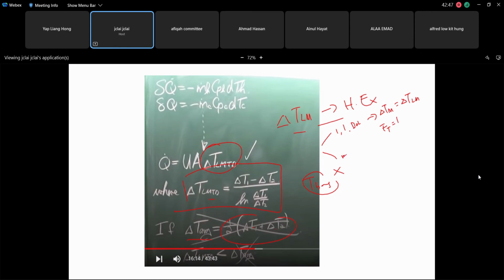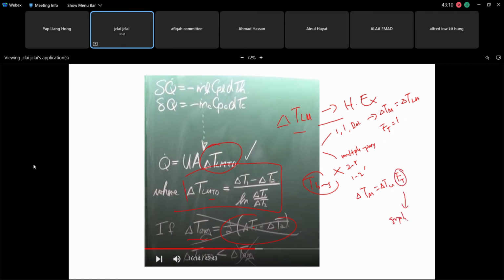But for multiple pass heat exchangers, for example 2-1-2, 2-4, 2-8, multiple passes, then delta Tm equals delta T log mean times the correction factor. How to determine the correction factor?